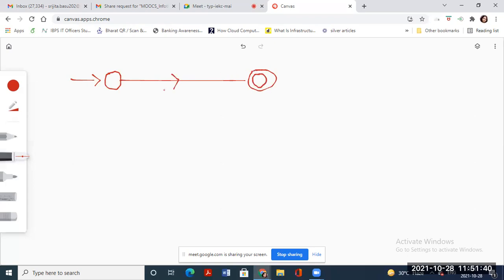So what is the regular expression given in the question? It is (0 or 1)*(00 or 11)(0 plus 1)*.